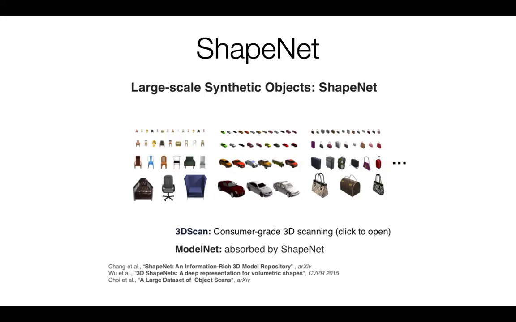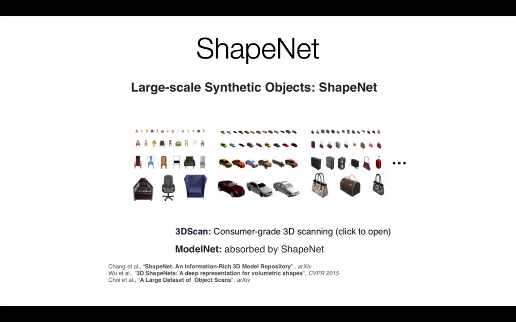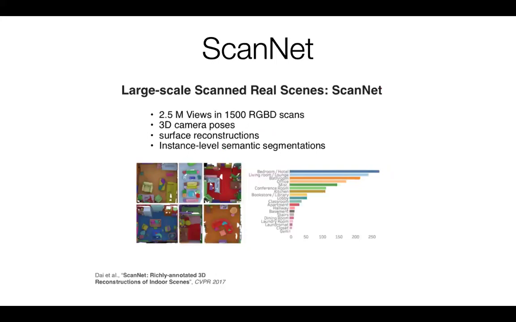The other type of data set is ScanNet, which, as opposed to ShapeNet that is just for synthetic objects, is a large-scale data set of scanned real scenes. Notice that the data set is not just the scans, it's the annotation.